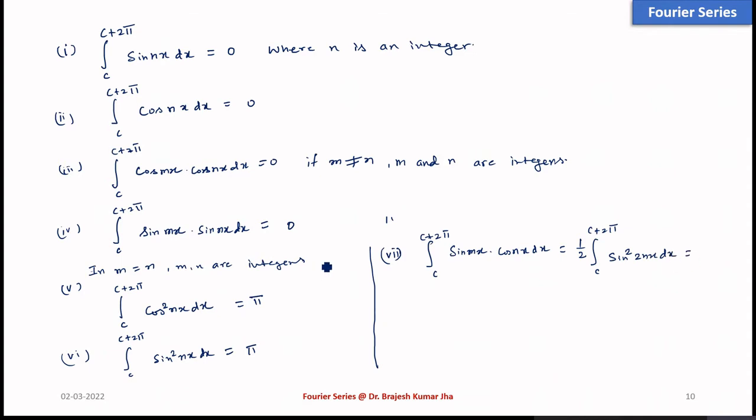As you know, it is going to be 0. So this formula you must remember before getting the values of a0, a1 and an.